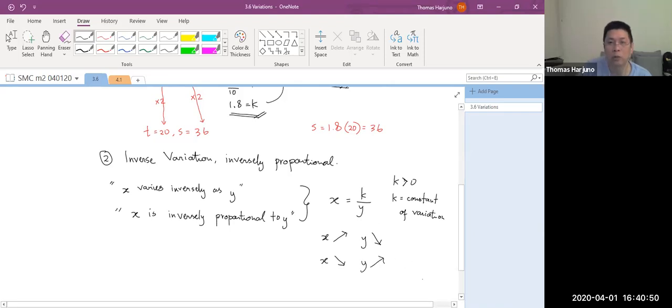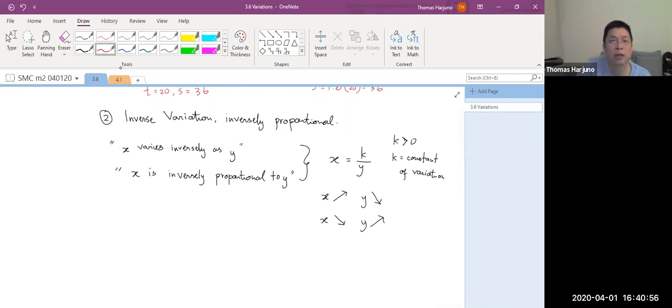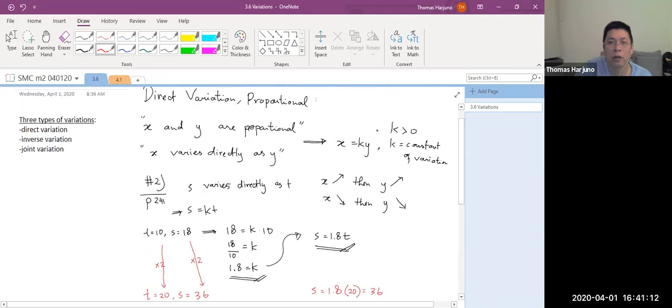A little note that our textbook does not mention, good to know and maybe useful: if X and Y are inversely proportional, it also means the product is constant. While if they are directly proportional, it means the quotient is constant.